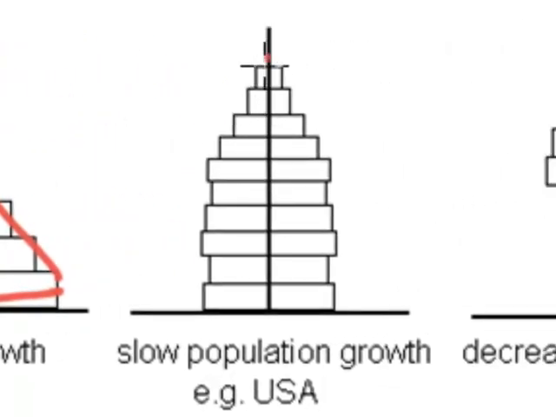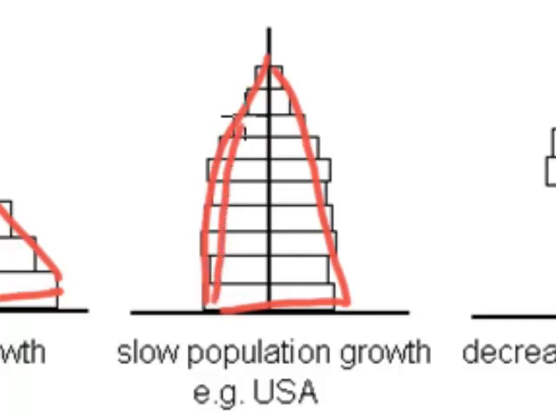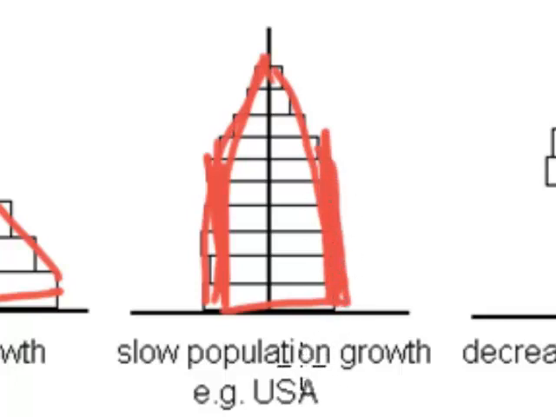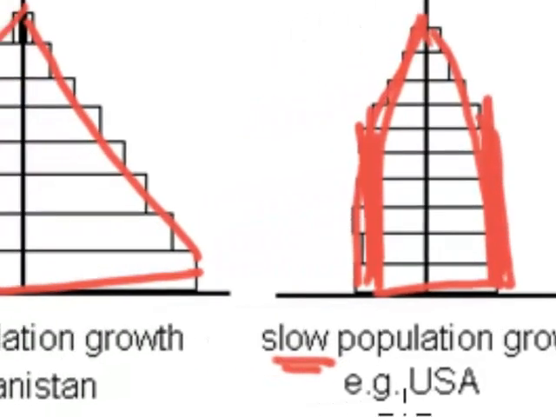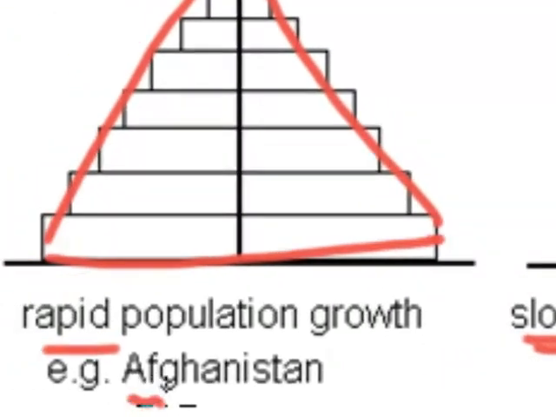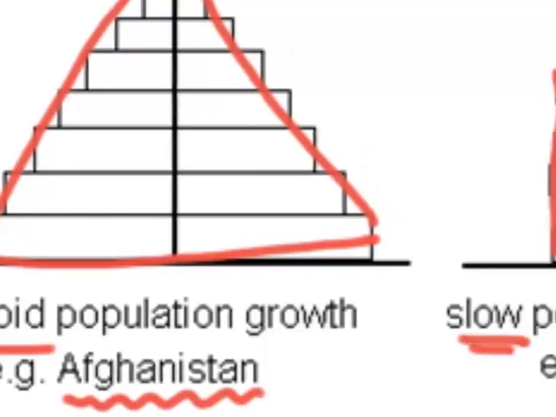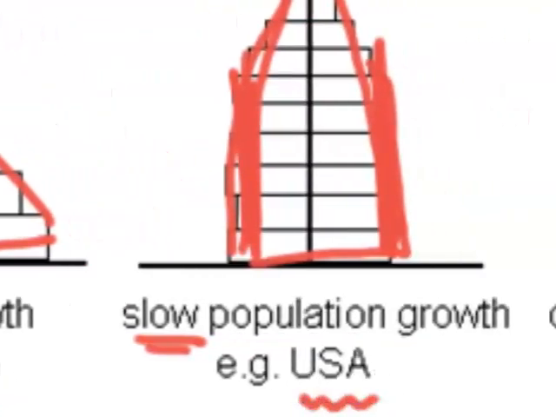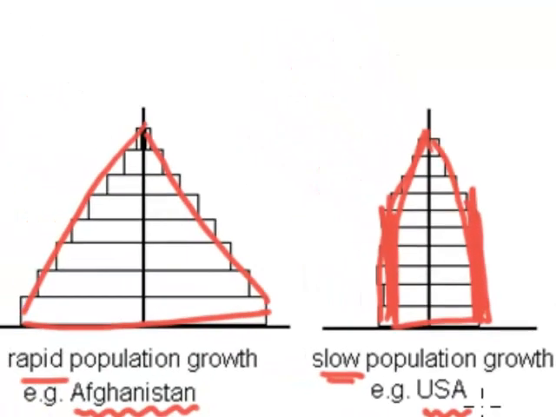Slow population growth has a very sharp pyramid or sharpened triangle, but the lower age cohorts are actually pretty stable. Rapid population growth would occur in a country such as Afghanistan. Slow population growth, for example, the United States of America.